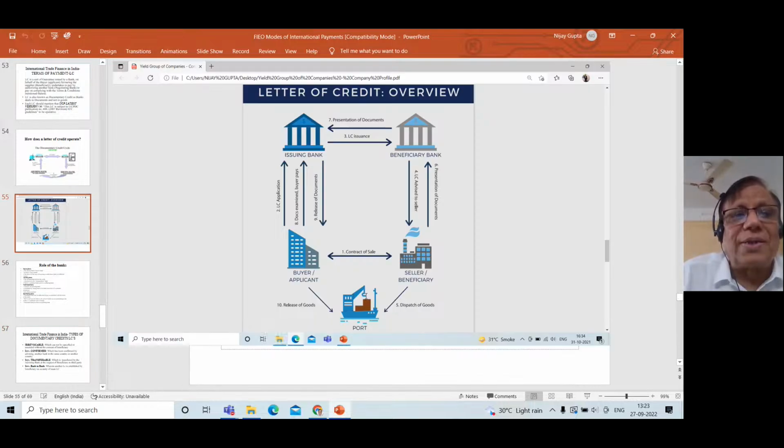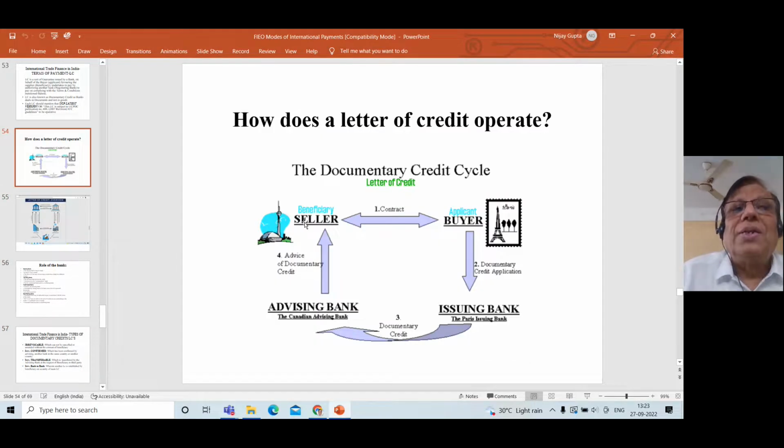Transferable. Let's take that this exporter in India gets the LC and he's not the actual exporter. The exporter is somebody else. Then he can transfer the LC. For example, say a $1 million LC, he can transfer for $900,000 and $100,000 may be his commission. This part will be done by the advising bank. They will transfer for $900,000 and then they will present the documents to the bank which has done the transfer.